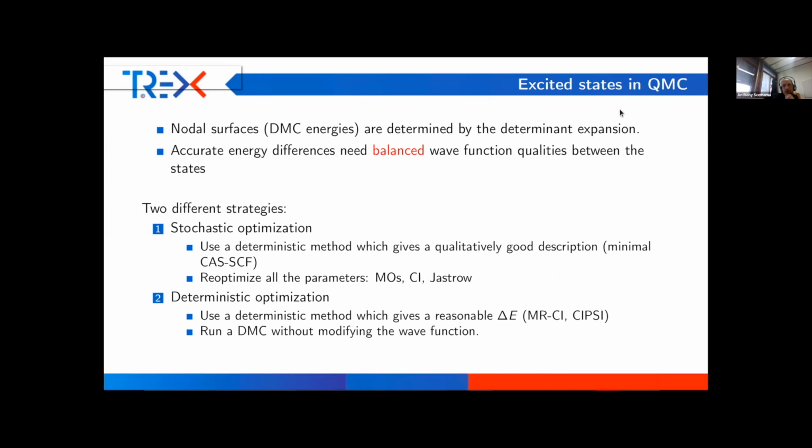So now, excited states in QMC. We have seen that the nodal surfaces are determined by the determinant expansion, not by the Jastrow, because the Jastrow is a positive function.